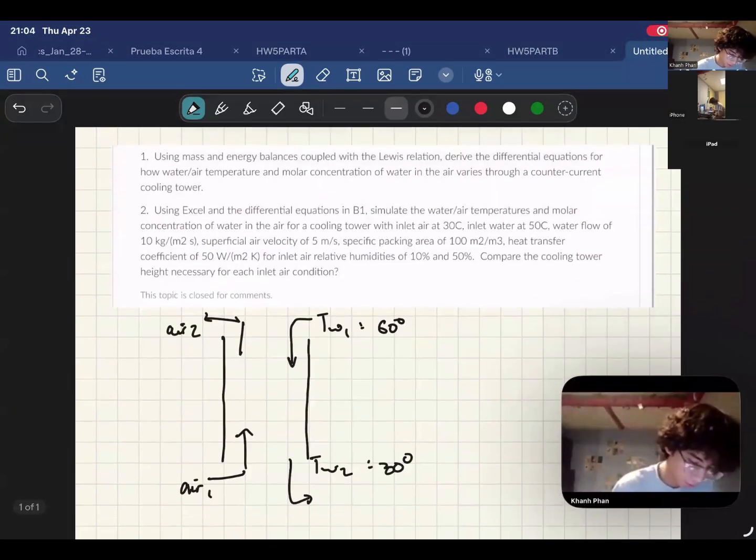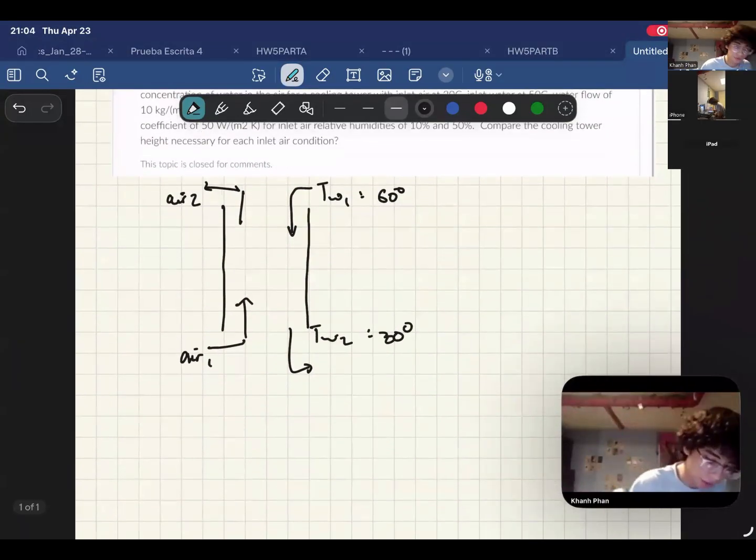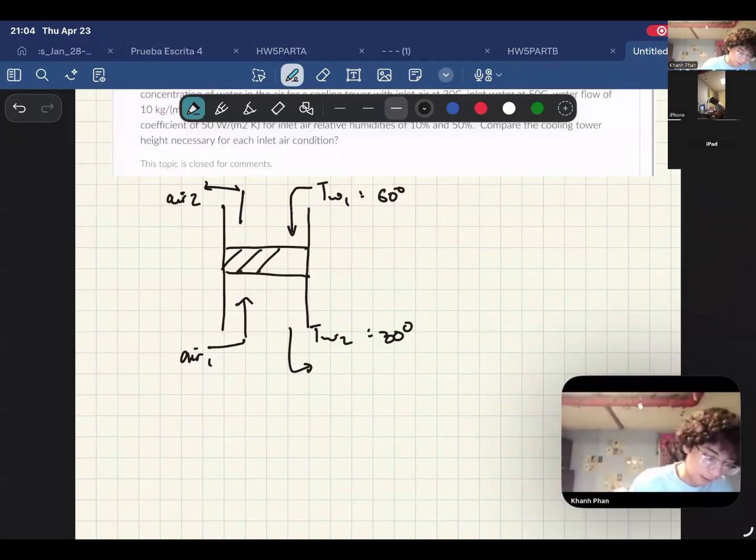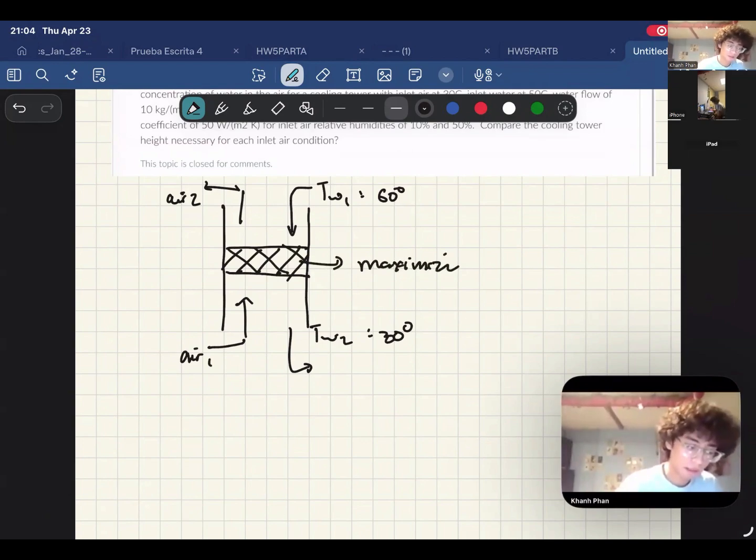I'm also going to introduce something here. Let's draw a square, and this thing is called packing. Its purpose is to maximize surface area and contact between air and water.